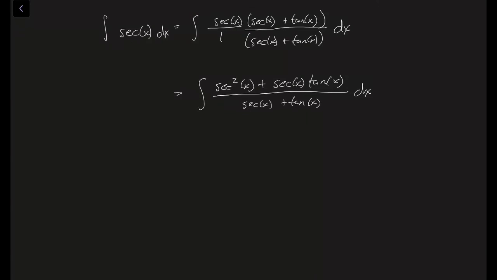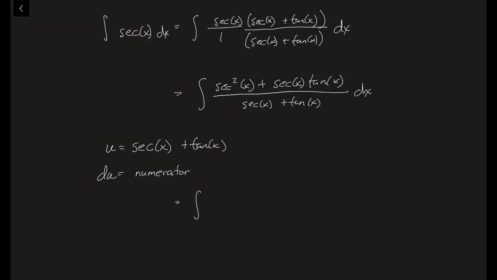Now, we might notice something about the relationship between the numerator and the denominator. The numerator is actually the derivative of the denominator. So we'll just make a simple u substitution where u is equal to the denominator. And so du is going to be everything in the numerator.